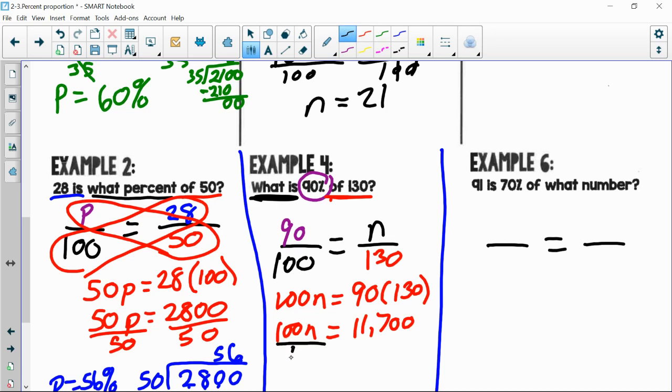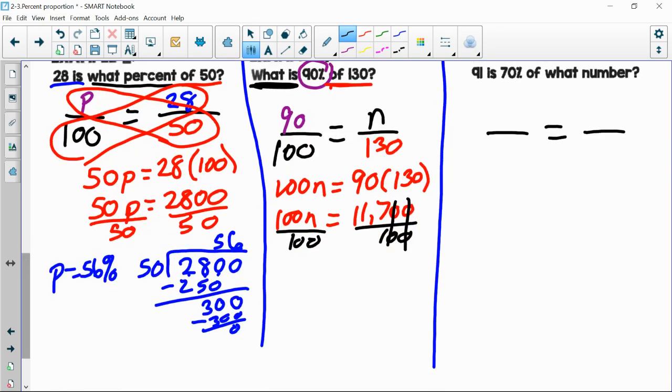Remember, you got to divide by 100, which is easy because then it cancels out those zeros. And n equals 117, which is pretty close to 130. And that's good because we were looking for 90%.